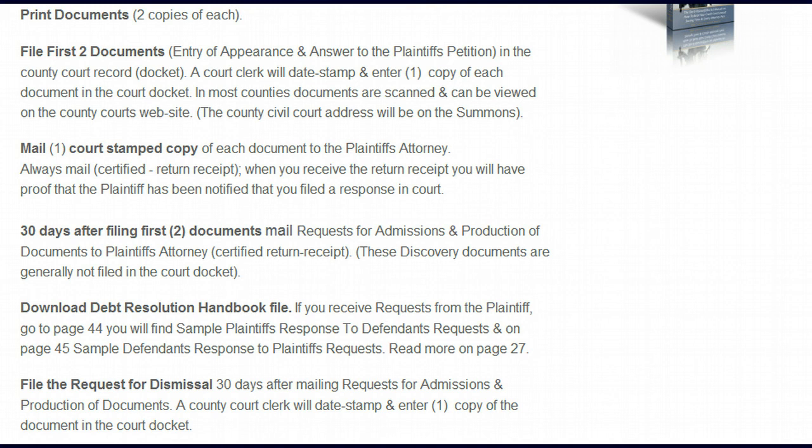Both sides have the right to ask the other in writing for any documents they have, to provide any documents or any witnesses or anything else. And so our request for admissions has a lot of questions, and asks them everything about what they have, and it requests that they produce any documents that they have.